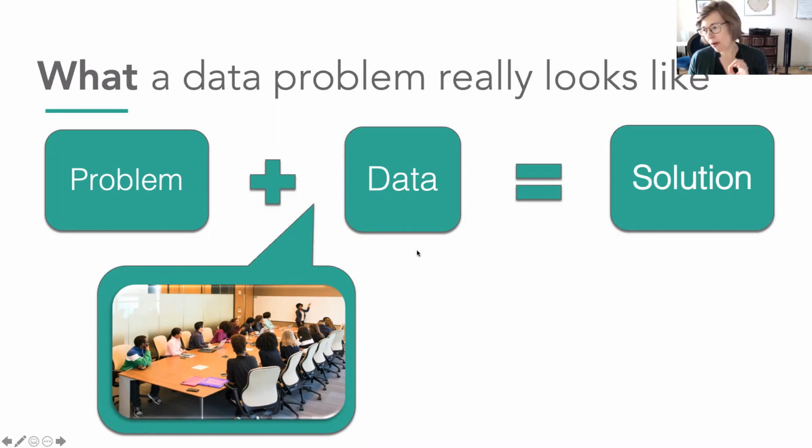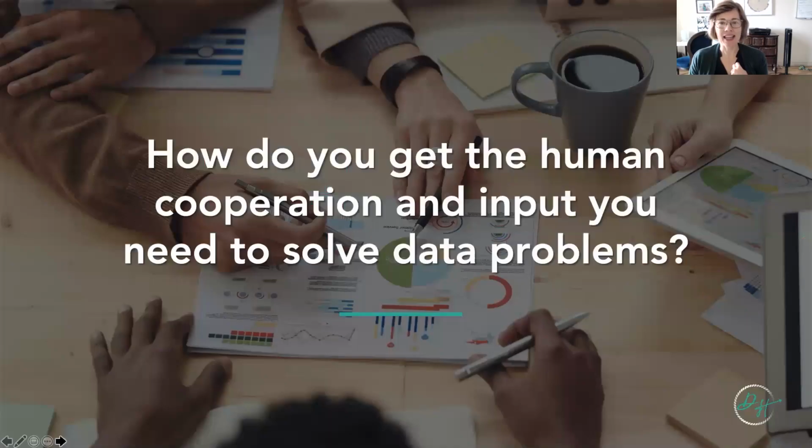So actually, part of being an effective data scientist is learning how to use communication tools like email in such a way that you can really answer this question. How do you get the human cooperation and input you need to solve the data problems, right? It's about collaboration, it's about cooperation.